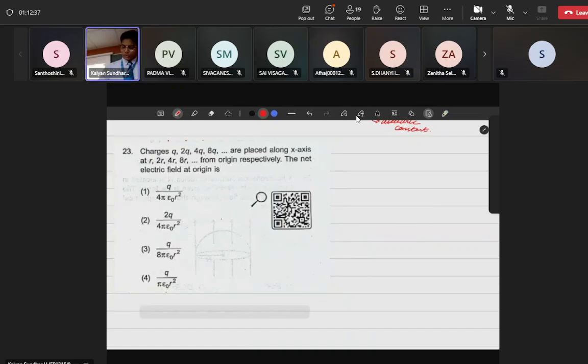Charges Q, 2Q, 4Q, 8Q are placed along x-axis at a distance of r, 2r, 4r, 8r from the origin, respectively.